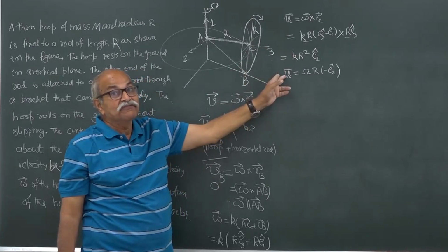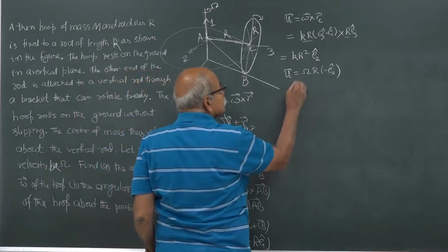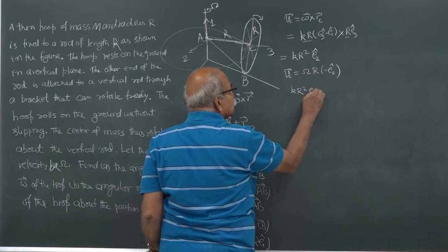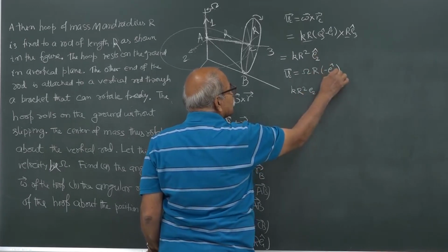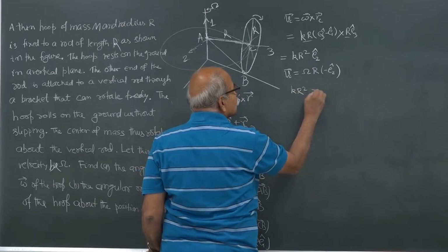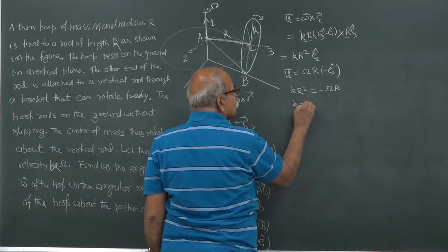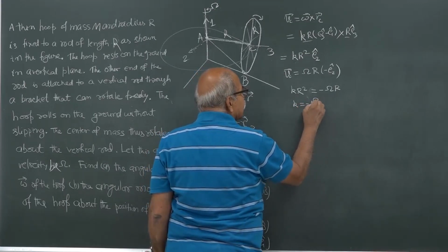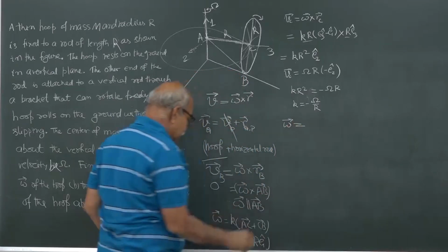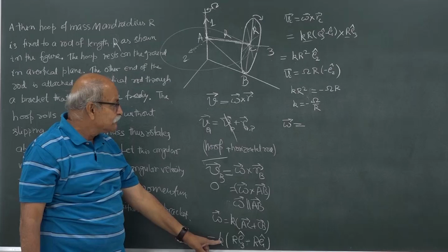I got it in two different ways, but the same velocity v, and therefore this k r square E2 cap, or E2 cap you can leave from here, k r square is equal to minus omega r, and so k is equal to minus omega by r, and hence omega is equal to, come from here, omega is equal to k, is minus capital omega by r.